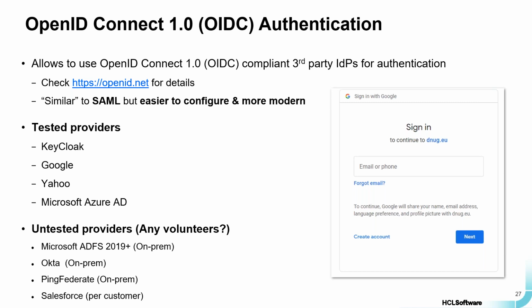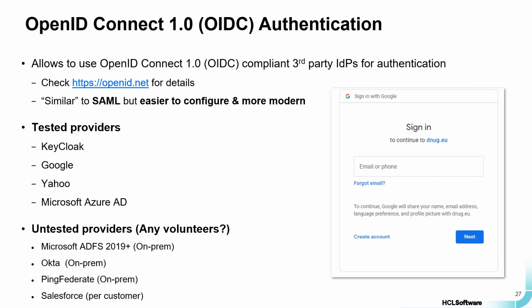It is similar to SAML, but the flow is more modern and easier to implement and easier to maintain. Not all the providers work yet or have been tested. Here on the screen, you see what has been tested and what will work. You also see some others that might work or should work, but they have not been tested.